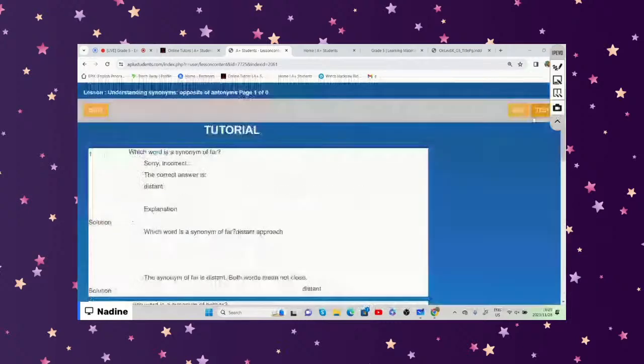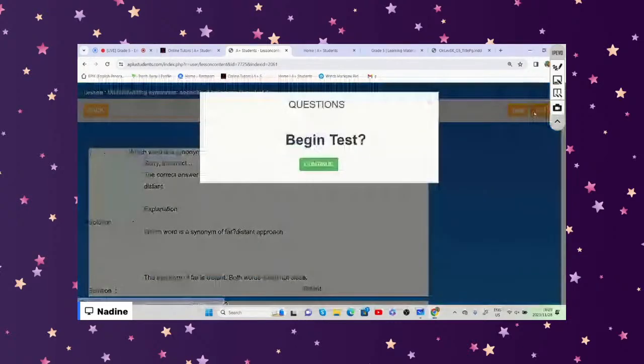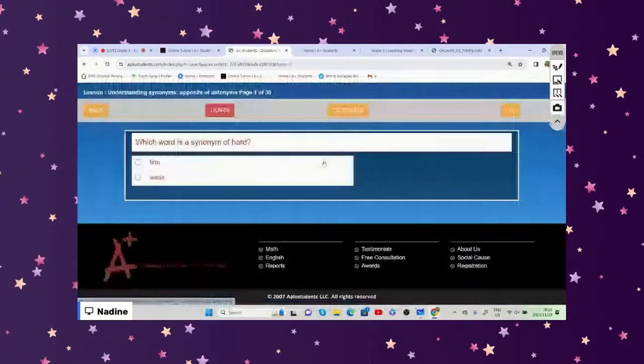All right, so now we're going on to our test. Which word is a synonym of hard? Which word is similar or the same as hard? If something is hard, is it firm or is it very weak?